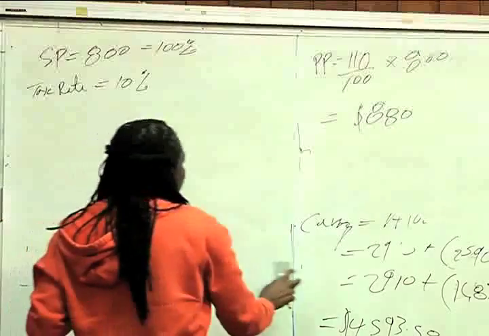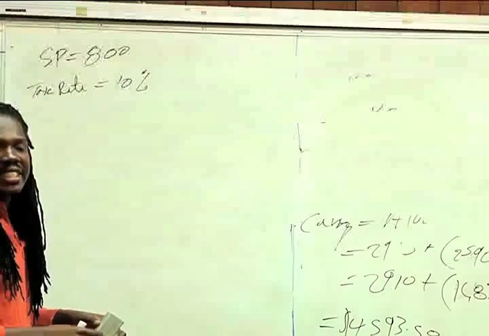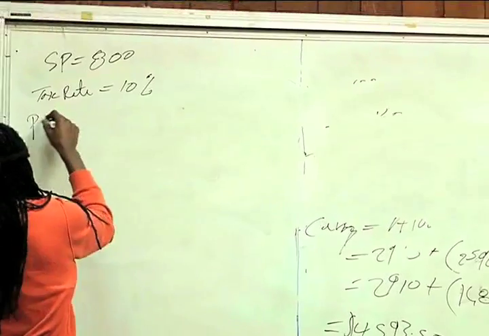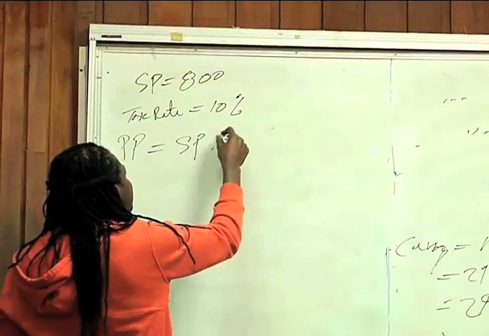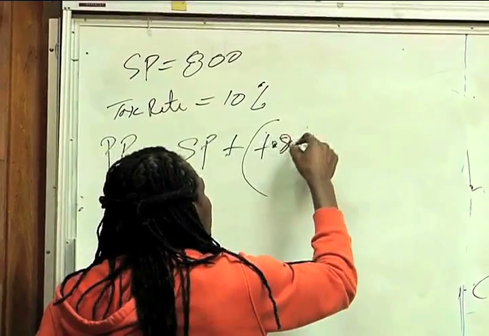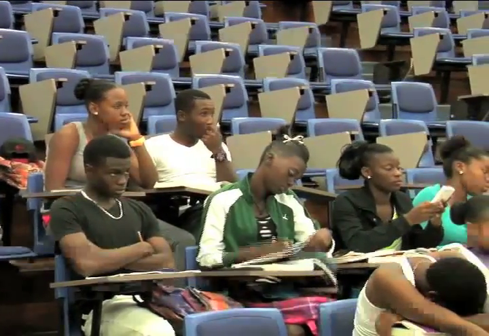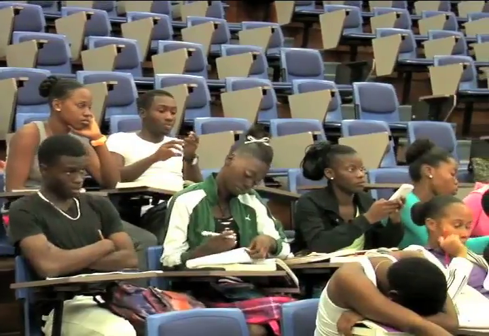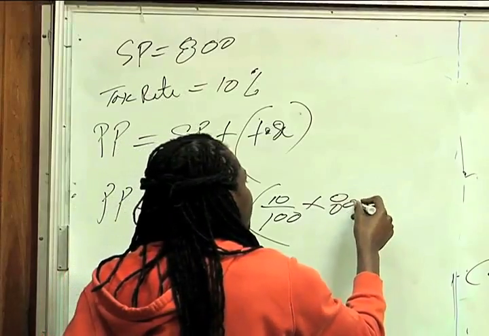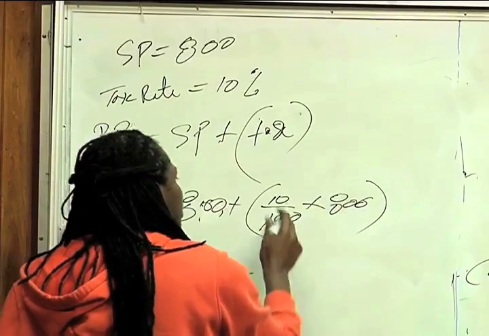Alright, watch this now. When you pay a price, you have to pay the price plus tax, not true? So therefore, price paid is equal to selling price plus tax. Now price paid is equal to 800 plus 10% of 800.